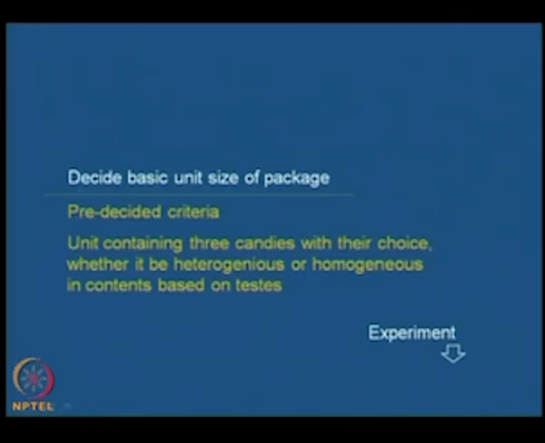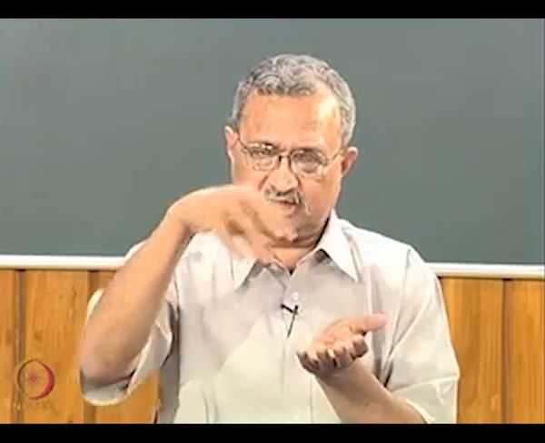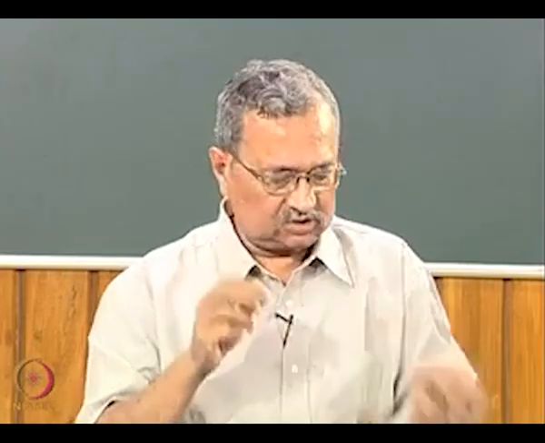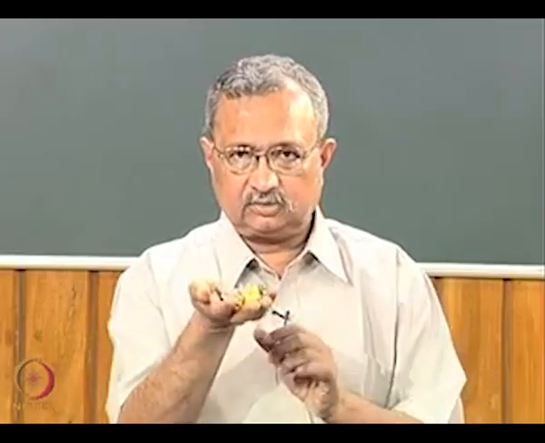Decide the basic unit size of the package. Pre-decided criteria: a unit containing 3 candies of their choice, whether it would be heterogeneous or homogeneous in contents based on tastes. How did we make this pre-decided idea? If this is a package, inside the package small packets should be there of 3 units. 3 chocolates or 3 candies will form the basic unit and then the package. How did we come to this?